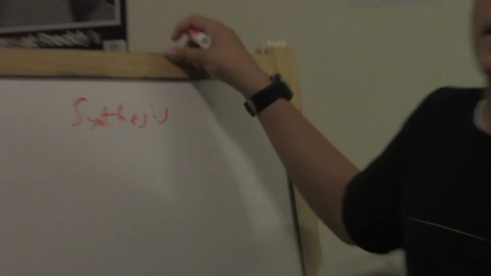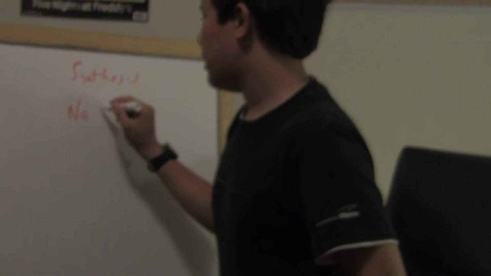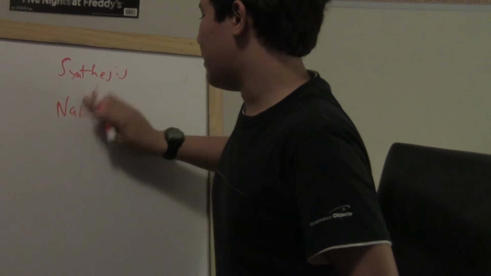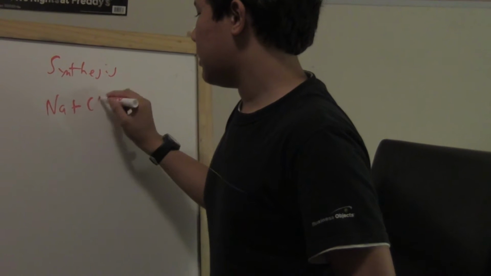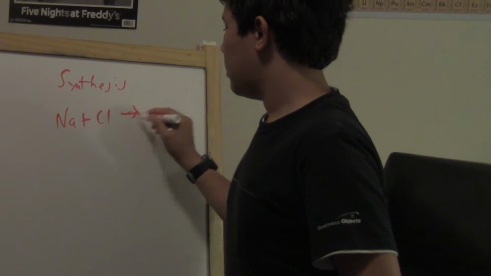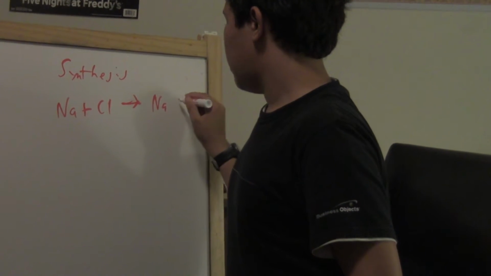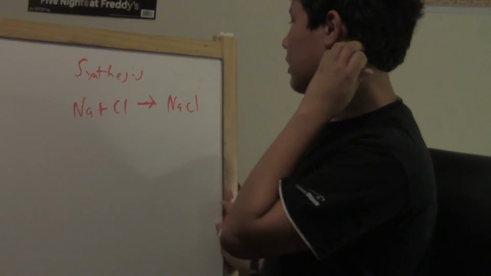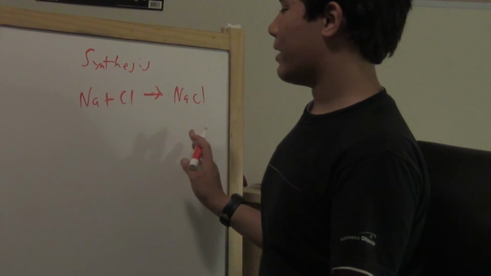Synthesis, or you can call it combination, however you want, is just two elements being combined together. It's simple, really. See, Na plus Cl yields salt. So this is a simple synthesis reaction.